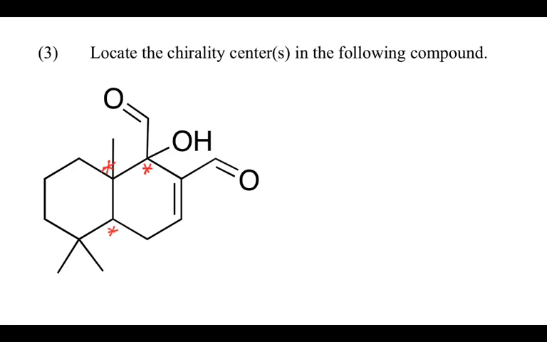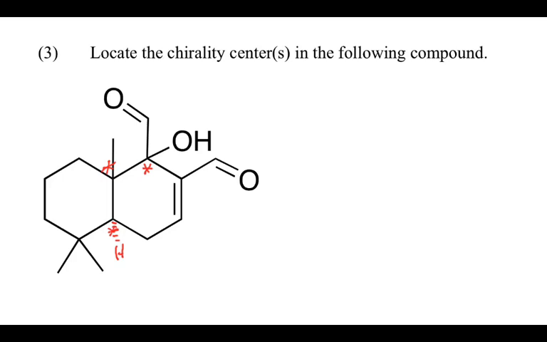So, for instance, it could be drawn in like this, in which case it's coming to the front, and that means the other substituents are going in the back. Or it could be drawn to the back. People will draw it in, generally in structures, to show you whether it's coming forward or backward. Depending on where the other substituents are pointing, you can infer whether it's pointing back or forward.